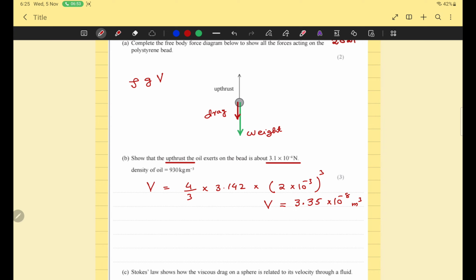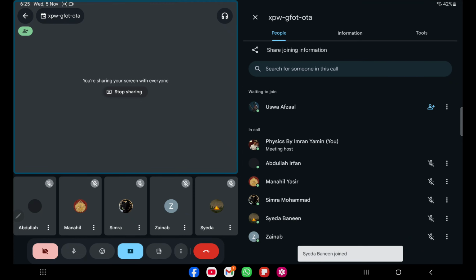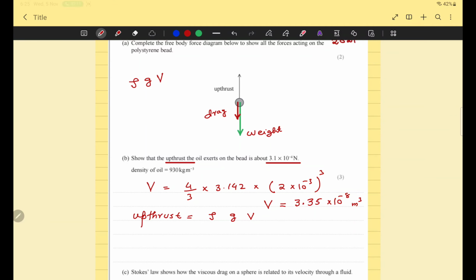You should calculate yourself. And now finally I am calculating upthrust. The equation of upthrust is rho g v. Rho is the density of the liquid, and the liquid is oil in this question.